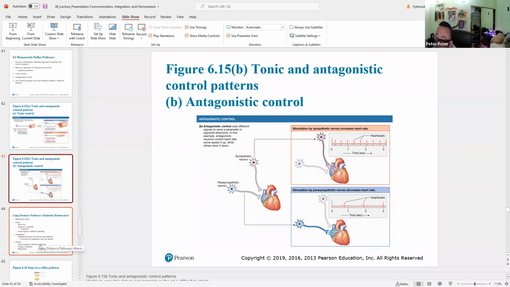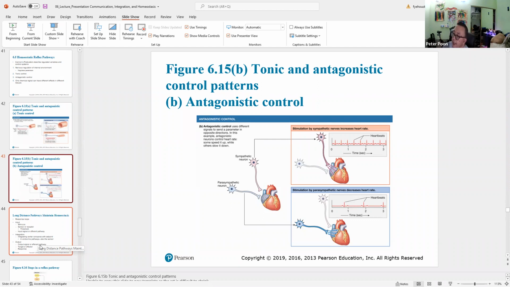Antagonistic control. This thing you already learned. Think of it as your parasympathetic and sympathetic. I try to set you guys up for this when I talk about this. The big difference at the very end of the signaling is that the neurotransmitter is different.